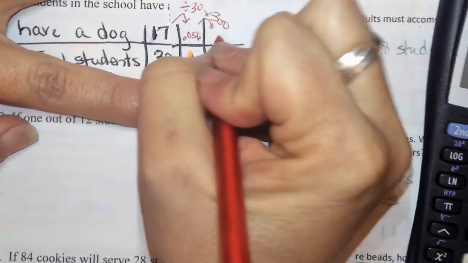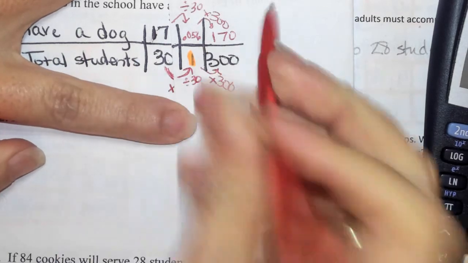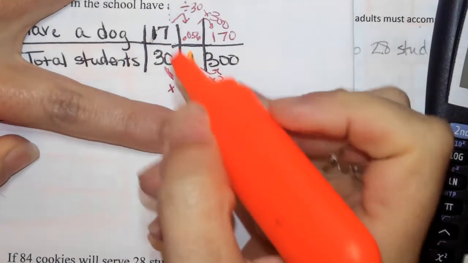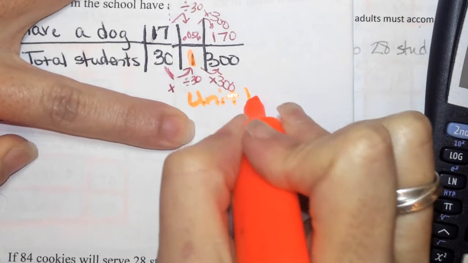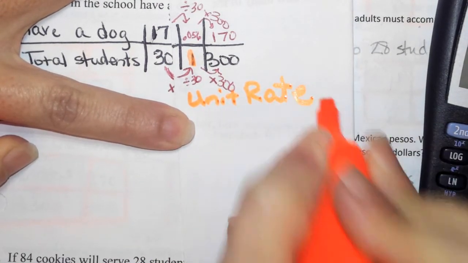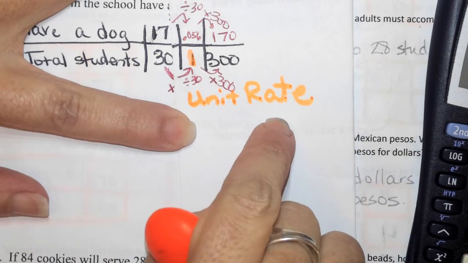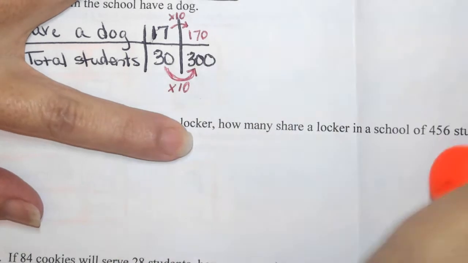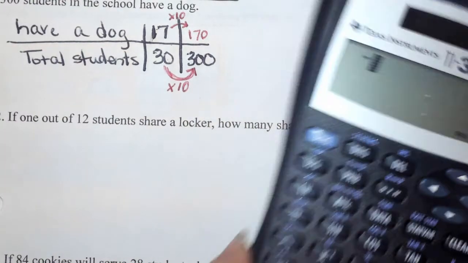You get the same answer. This version, what we did here, is finding out how much is 1 using unit rate. So it's kind of like my stepping stone is unit rate. This person used what I call just common fraction numbers.